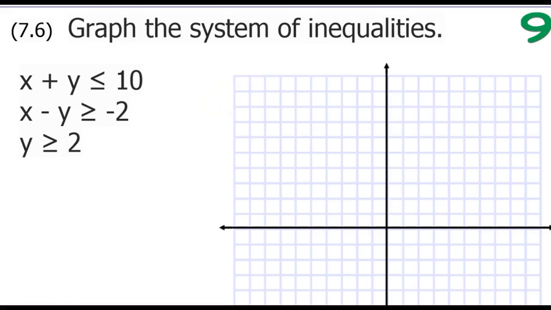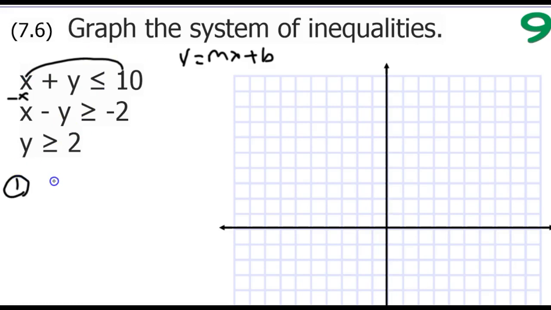Here we're going to graph this system of inequalities. So how we're going to graph, we need to create a line in y equals mx plus b. So our first inequality, we need to move the x over to the other side, so we have to subtract it.